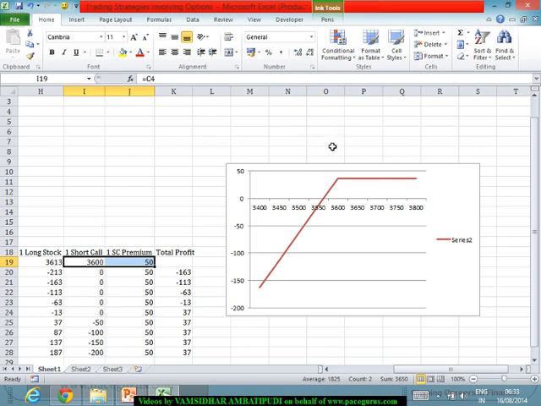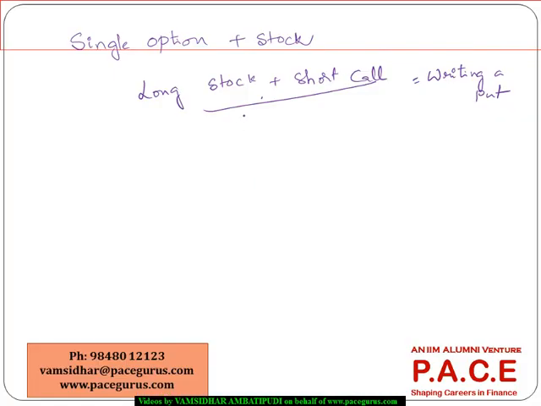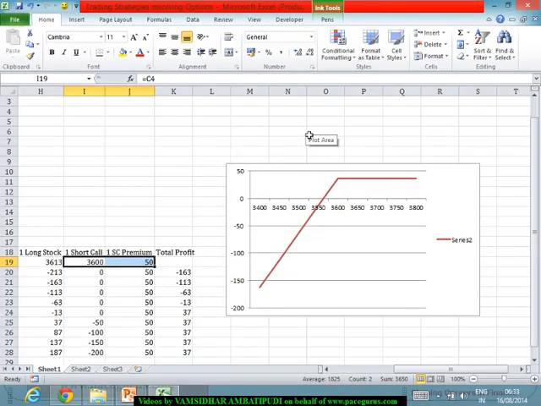And in this case, what we are seeing is the long stock, whatever the share that has already been purchased, is doing a protection from the payoff that is coming from the short call, provided the share price is rising drastically.